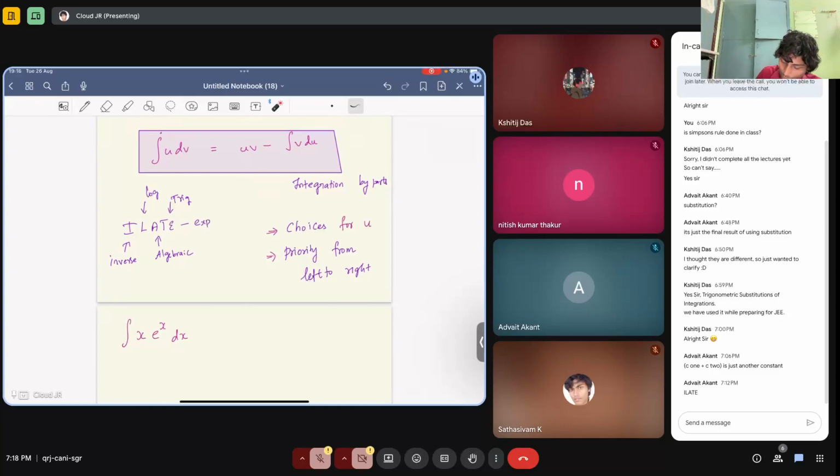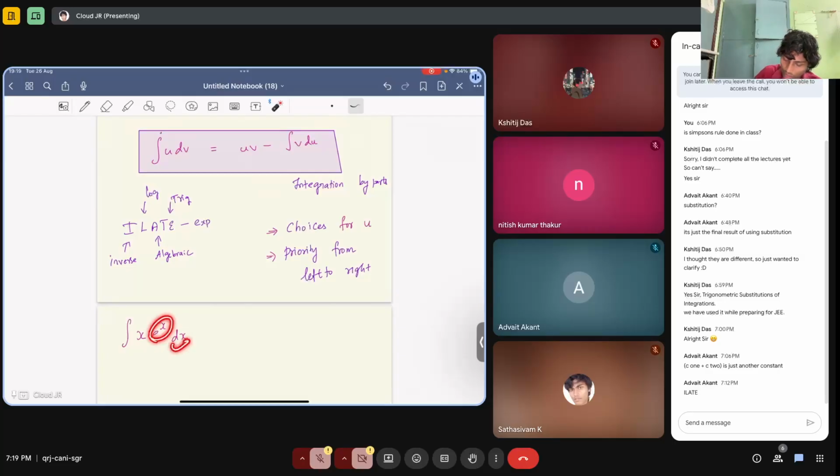In this case, what you can see is this exponential function here. If I take my exponential function as dv, then what happens? Because it's easier to integrate the exponential function, it's good for me to take this as dv.